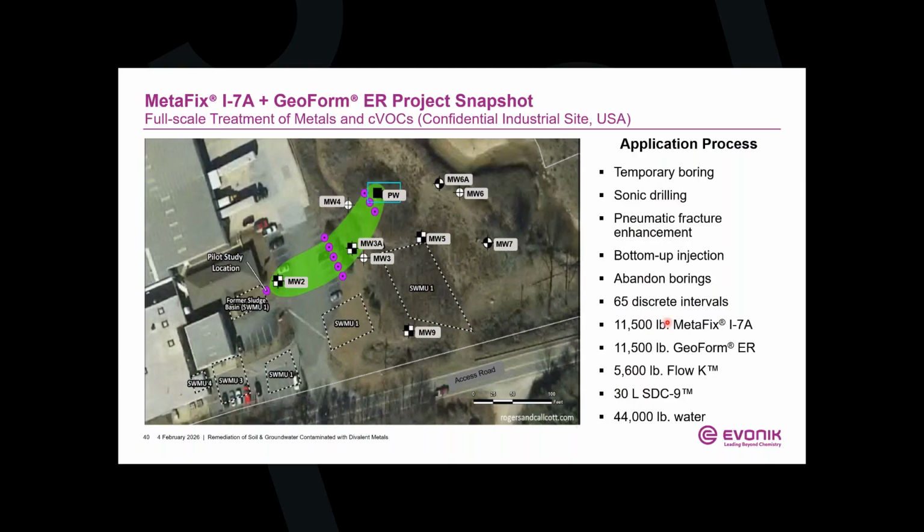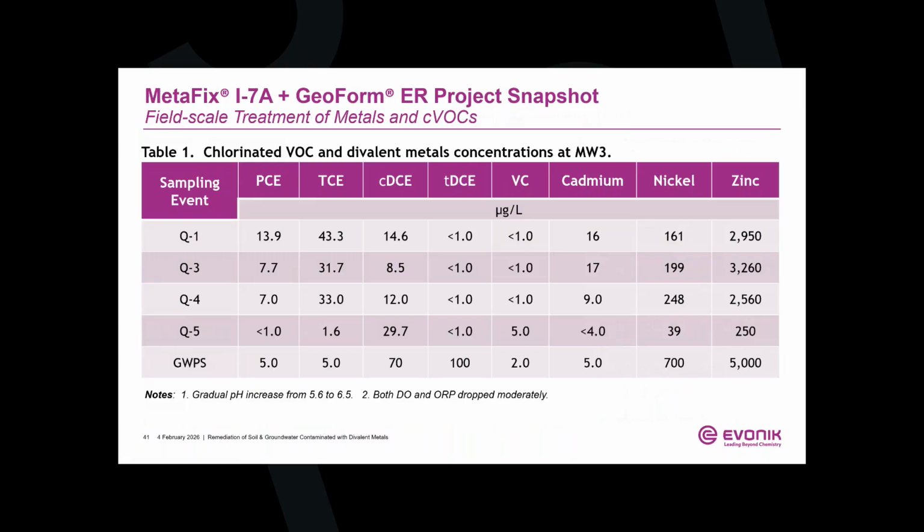And here you have all the project details: temporary borings by sonic drilling, enhancement with pneumatic fracturing, bottom-up injection, then abandon the borings, 65 discrete intervals, just under 12,000 pounds each of Metafix I7A. Recall this is the one that has the activated carbon in it, and our Geoform ER, some flow K, and inoculation with SDC9.